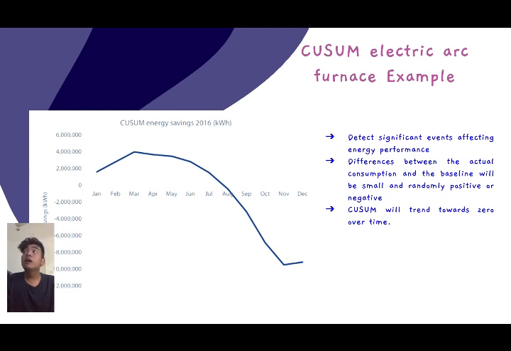Kiranya yang kita tahu dia boleh detect yang effect kepada performance. Lepas tu the difference between the actual consumption ni dengan baseline randomly dia akan towards positive or negative. Most of the time dia akan ke kosong lah kan.